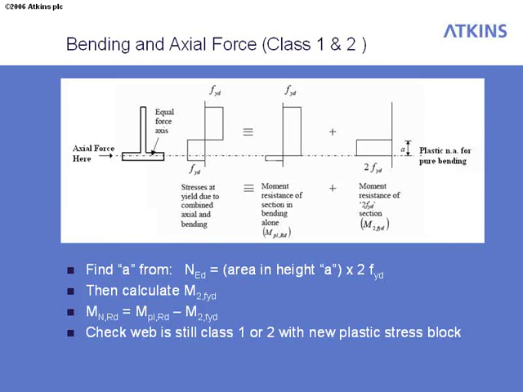The reduced plastic resistance is then calculated, and that's just this MN,Rd that we were discussing a bit earlier, which is just the plastic resistance minus M2,fyd that we said. Once you've done this, it's important to check that the section is still a class 1 or 2 section using the new plastic stress block, because otherwise you'll have to consider it as a class 3 or 4 section depending on what the reclassification of the section shows.